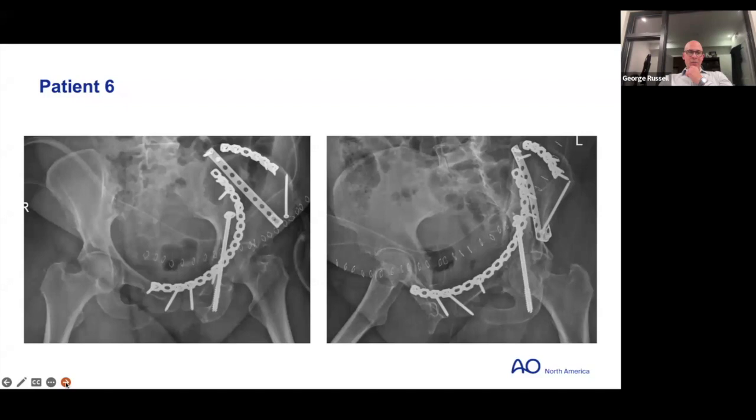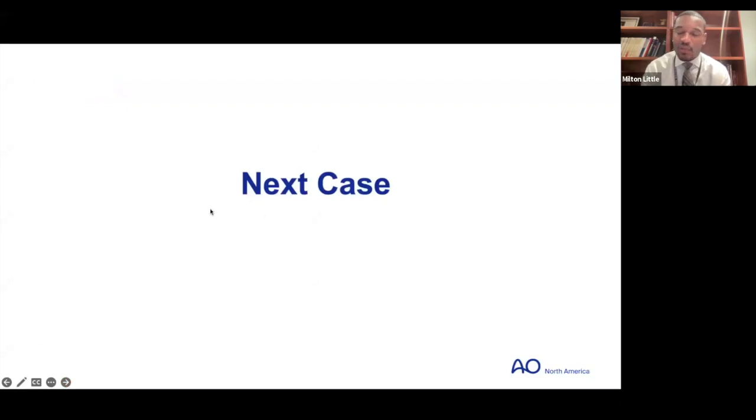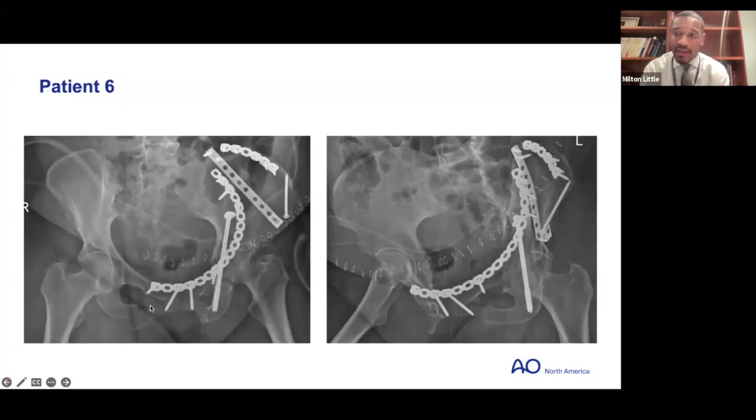Very nice. The one thing I would say, I like how you tensioned that AIIS or that segmental component using that third tubular, right around that piece to then tension it in.